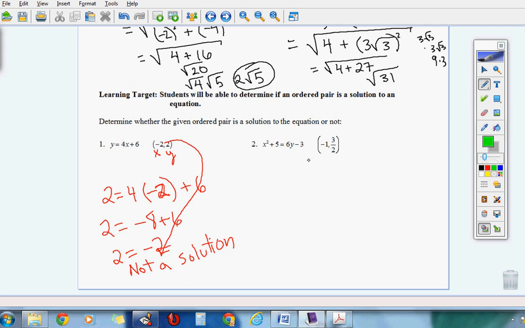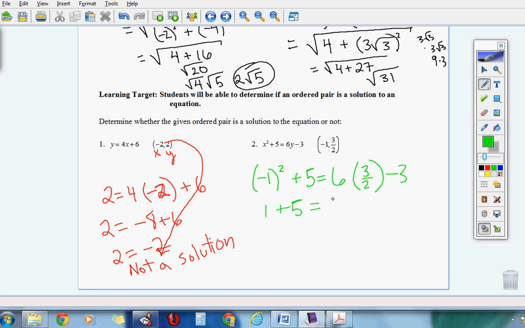All right, moving along to the next part here. It's a squared, so it's a quadratic, but you still plug it in and see if it comes out to be true. So x squared, so that would be the opposite of 1 squared plus 5 equals 6 times my y value of 3 halves. And then I'm going to subtract 3. So the opposite of 1 squared is really 1 plus 5.